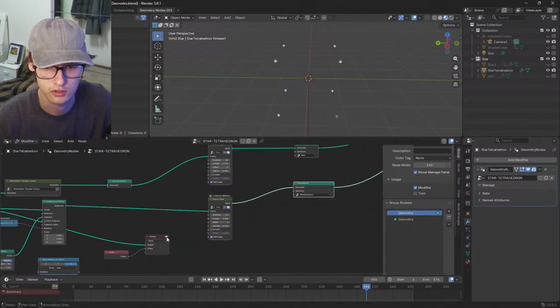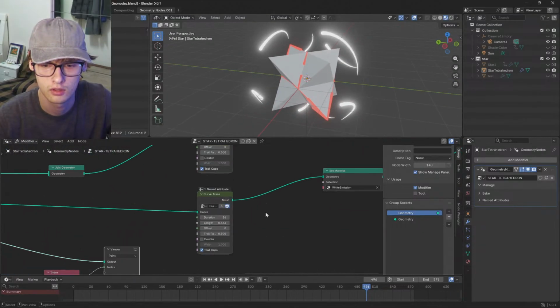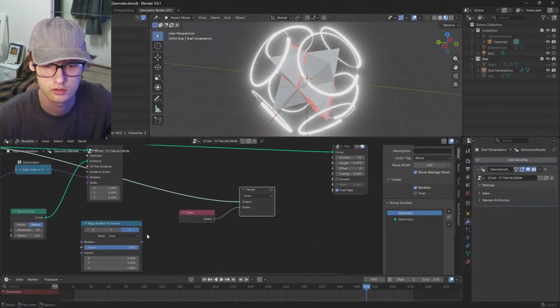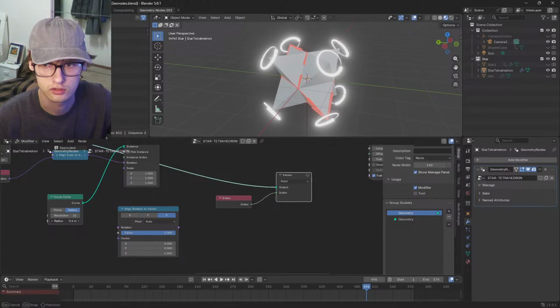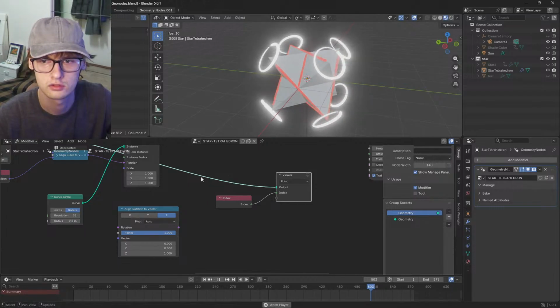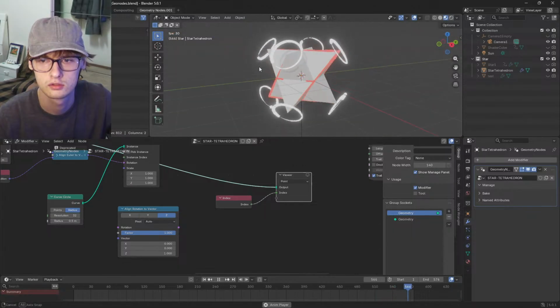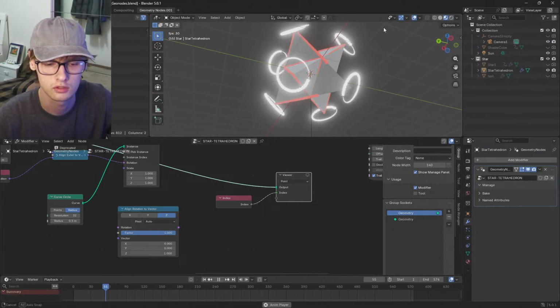We're still stuck in this viewer. Okay. The duration or the length will be like this. Radius smaller, maybe like this. Interesting.